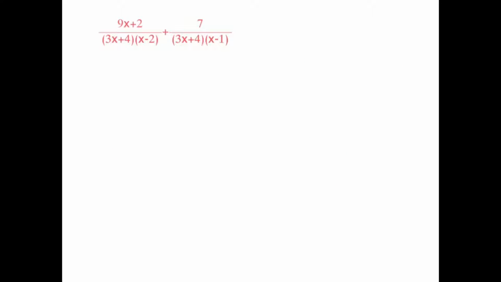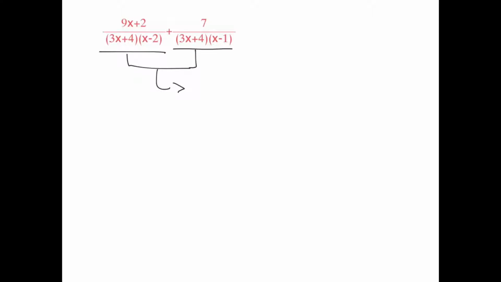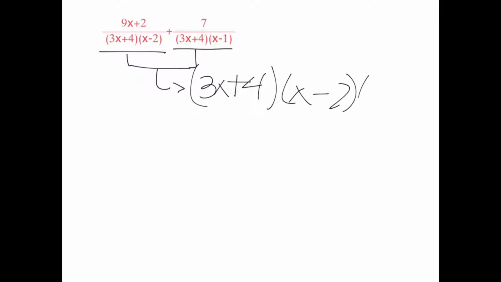You might want to use the technique wherein you combine 3x plus 4 times x minus 2 and 3x plus 4 times x minus 1, making it 3x plus 4 times x minus 2 times x minus 1, and it will be your LCM.